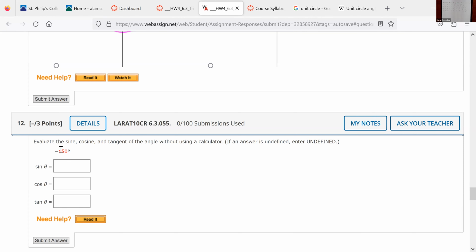So finding an equivalent angle to the one in question is finding the coterminal angle. You would say that negative 150 degrees is coterminal to 210.